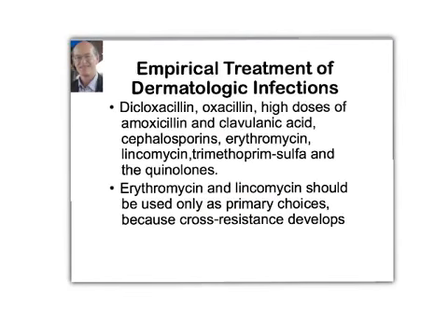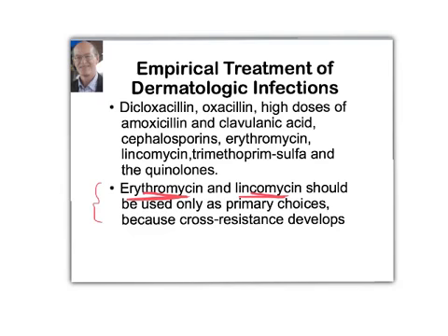So how do you treat a skin infection empirically until you have a culture? Generally, we recommend that you get a culture from some site, whether it be a pustule or a scraping or whatever. Let's start with the second point here. In the old days, 20 to 30 years ago, erythromycin and lincomycin, the macrolides, could often be used as a primary choice, but we need to know that when there's resistance against one, don't go to the other, because these have similar mechanisms of resistance.